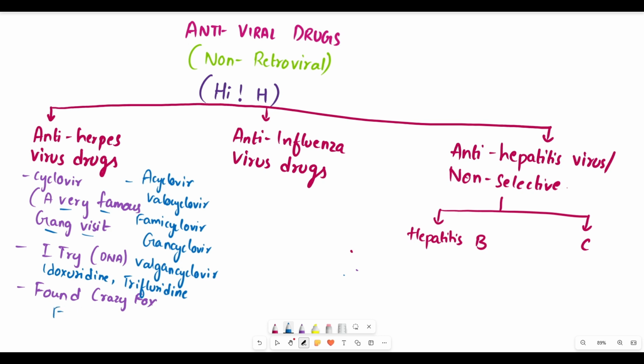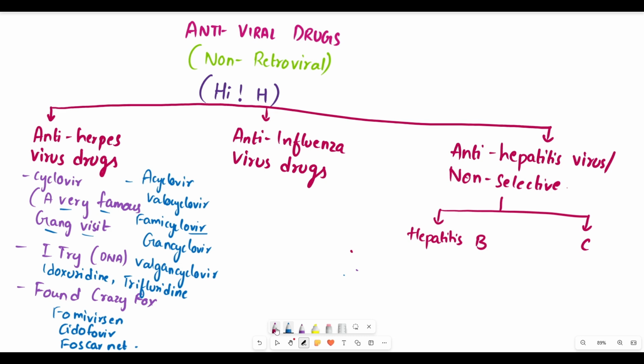F means it is fomivirsen. C means it is cidofovir. Fox means it is foscarnet. So any drug, if it is having vir in its name, that means it comes under antiviral drugs.